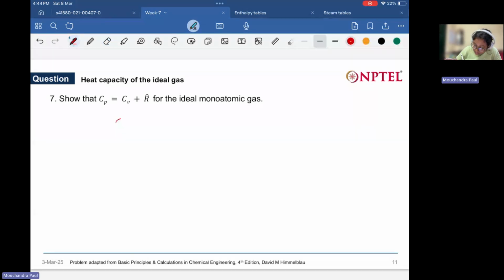So we know Cv is basically delta U cap by delta T cap at constant volume.